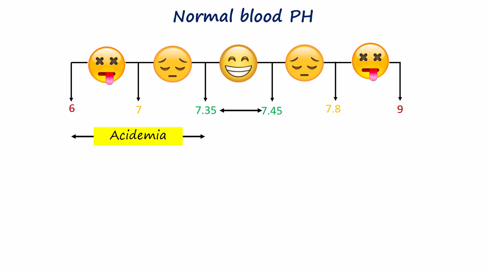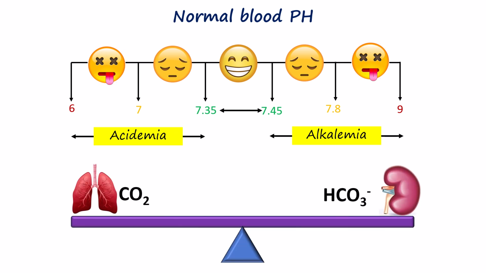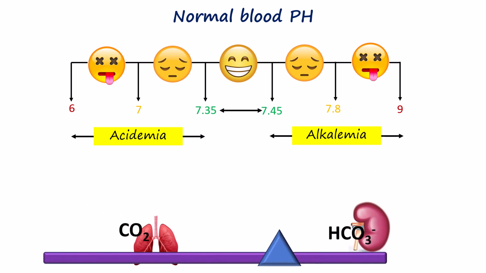Conversely, when pH rises above 7.45, the condition is termed alkalemia, reflecting a deficiency of hydrogen ions. These shifts occur due to disturbances in the balance between carbon dioxide, a volatile acid regulated by the lungs, and bicarbonate, a base regulated by the kidneys.